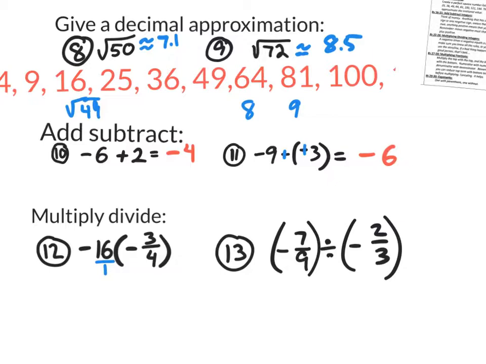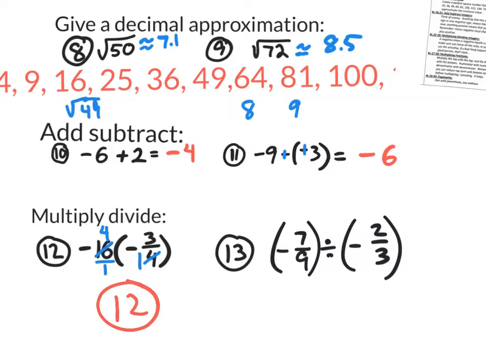By 4. So if I reduce by 4, 16 divided by 4 is 4. 4 divided by 4 is 1. So just by reducing first, I don't even have fractions anymore. I really have a -4 over 1, that's just -4, times a -3 over 1, that's just -3. So what's -4 times -3? 12. So the answer is +12.